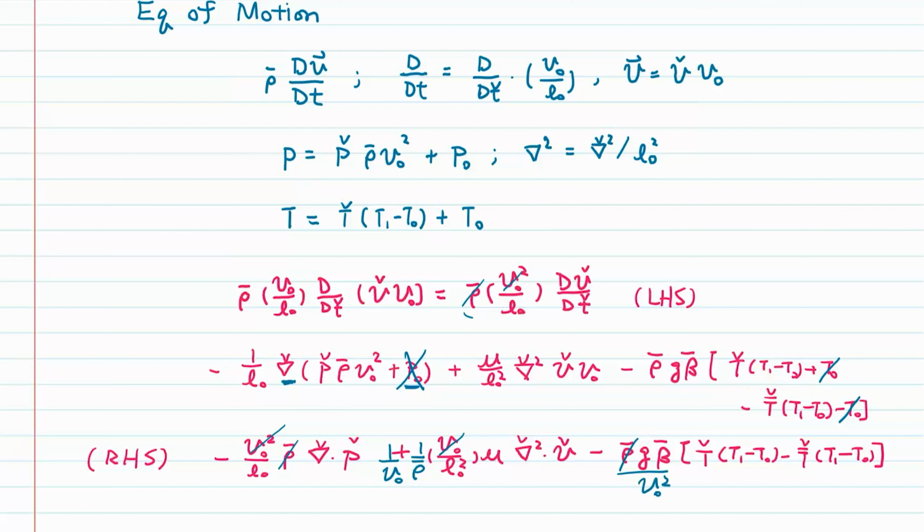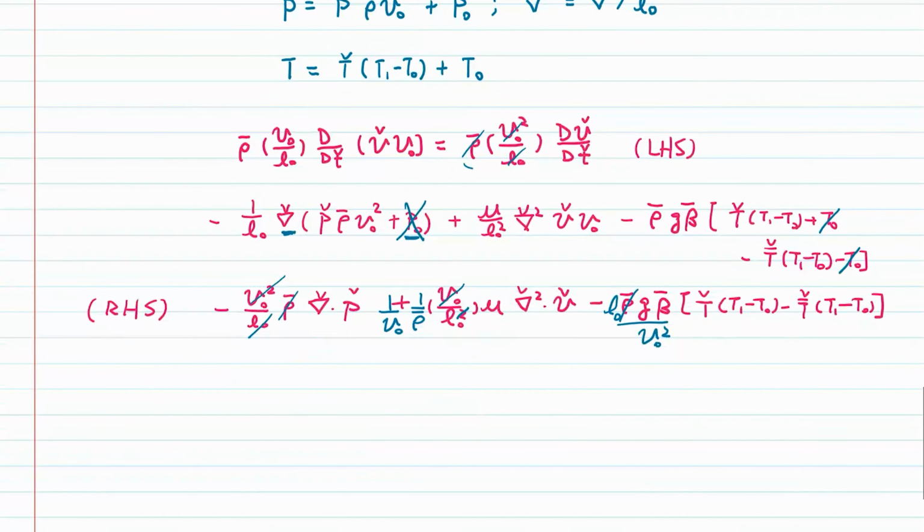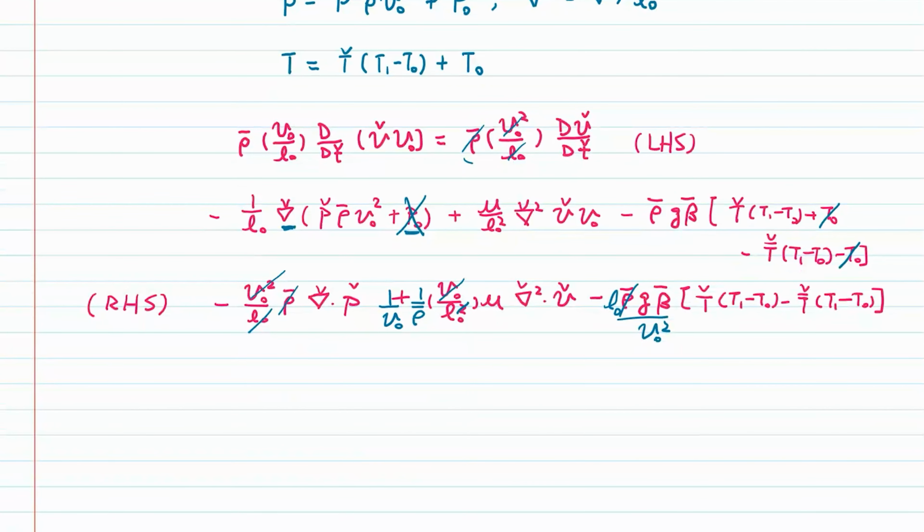And if we multiply everything by L naught, then this square cancels out, and then we have an L naught up here. So if we make the left-hand side just the dimensionless substantial derivative of the dimensionless velocity, here is what we get.